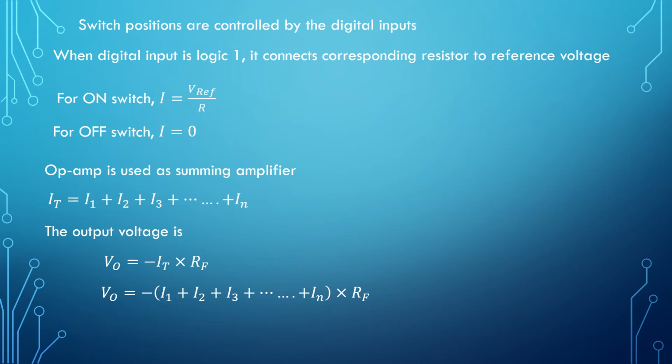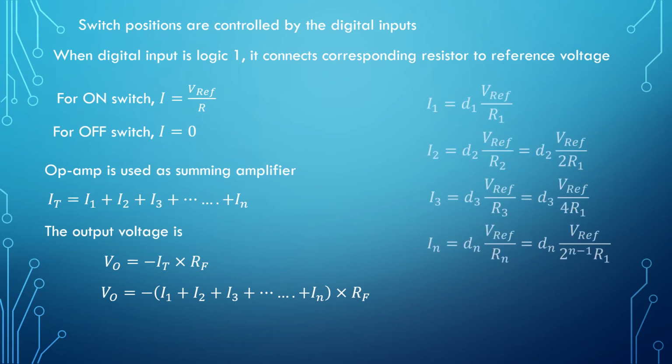Therefore, substituting the value of IT, we get V0 is equal to minus I1 plus I2 plus I3 up to IN, times the resistance RF. Now finding the values of the currents. I1 is mainly dependent upon the resistance R1, which is nothing but D1 into V reference divided by R1. I2 is D2 into V reference divided by R2. R2 is nothing but 2 times R1.